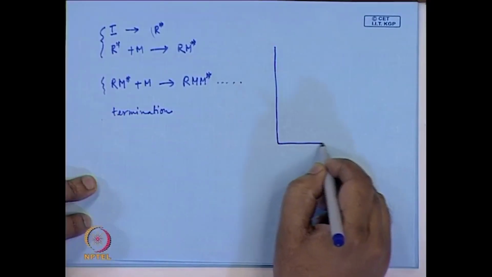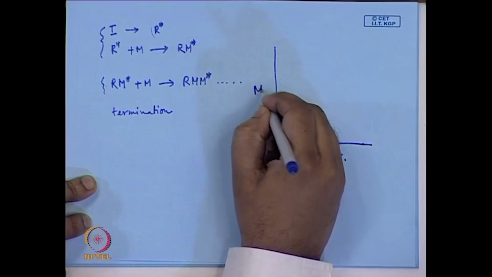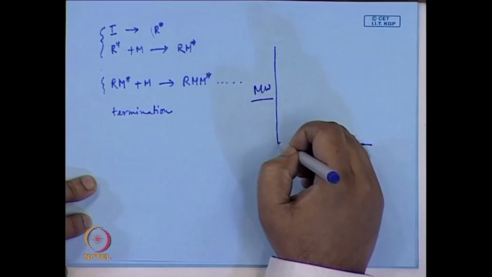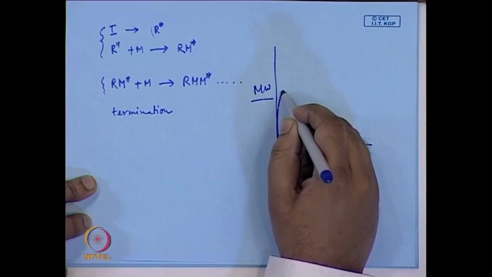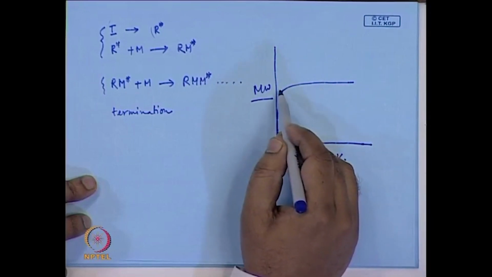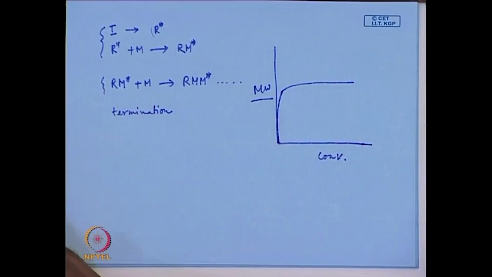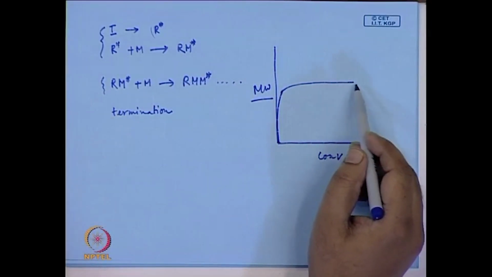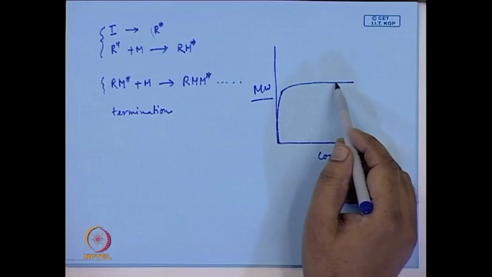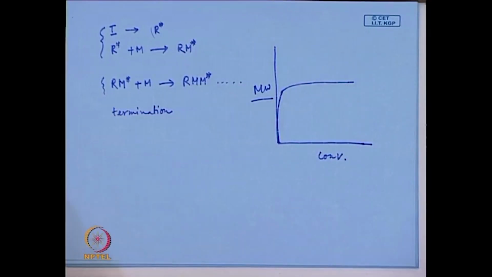If you recollect from the discussion we had in the first two lectures, in chain polymerization the molecular weight builds very soon, at very low conversion itself it builds very high molecular weight, and the molecular weight remains high during the conversion. There are some other things that might result in a change in this line at very high conversion, which we will come back to at the appropriate time.